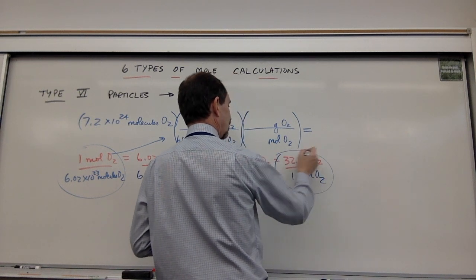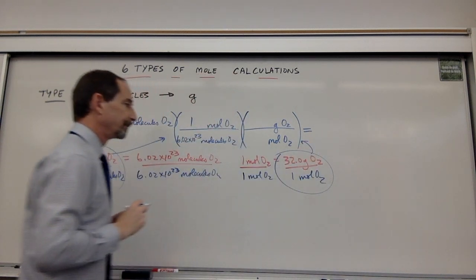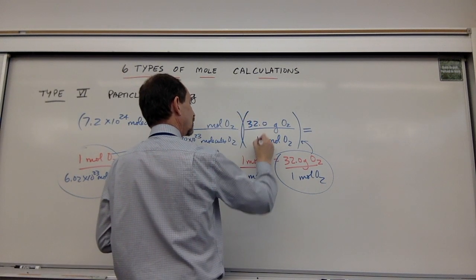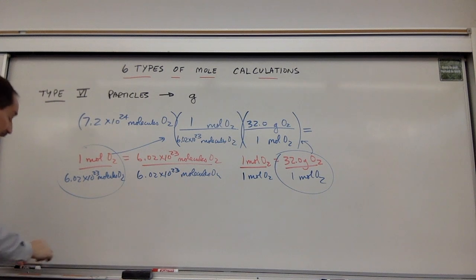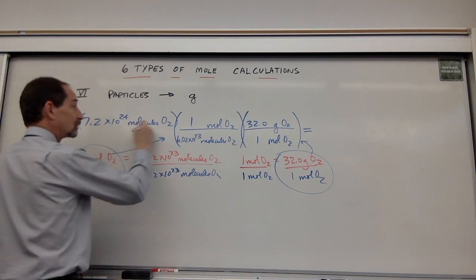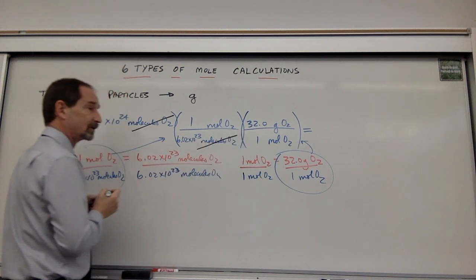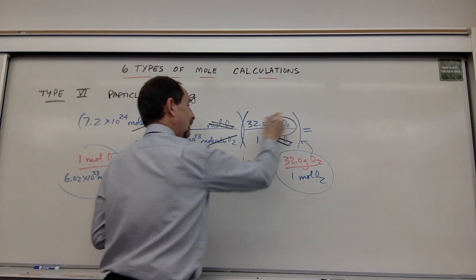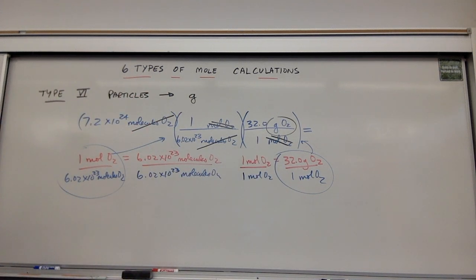And use that unitary rate in there. 32 and 1. Again, my units should work out. Molecules of oxygen cancel molecules of oxygen. Moles of oxygen cancel moles of oxygen, and my unit left is grams.